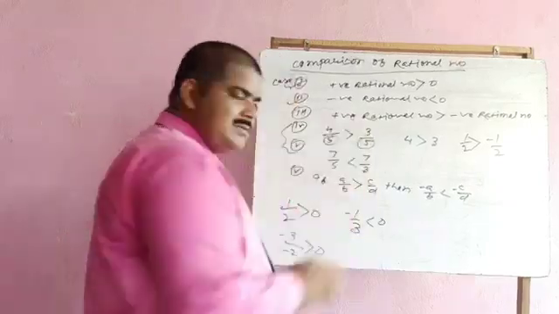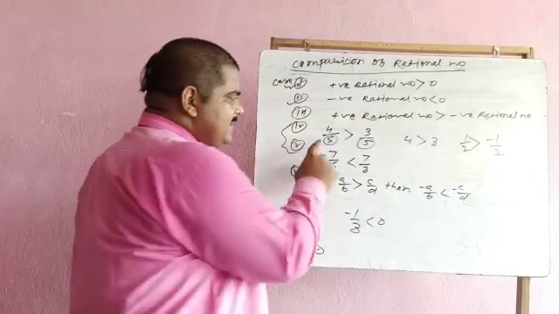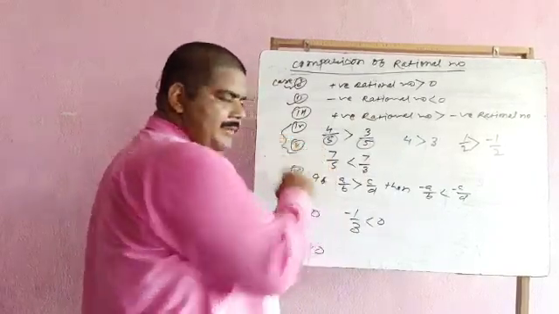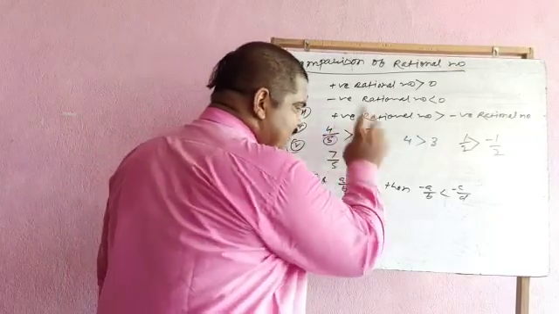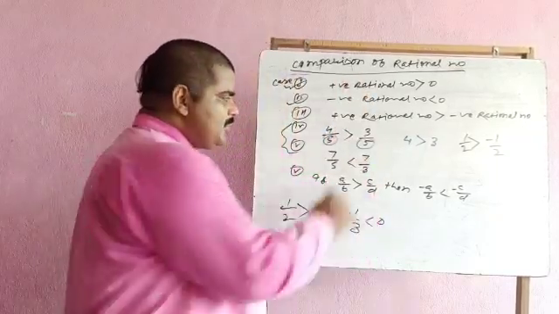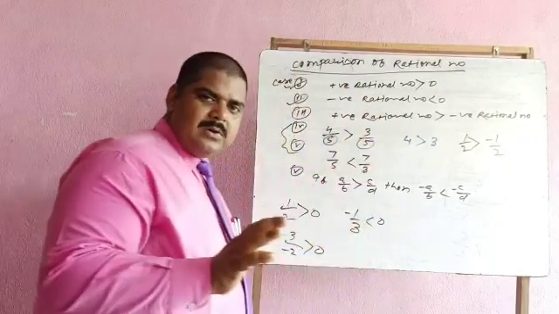In this case, the denominators are equal, and 4 is larger than 3. So 4 upon 5 is greater than 3 upon 5.